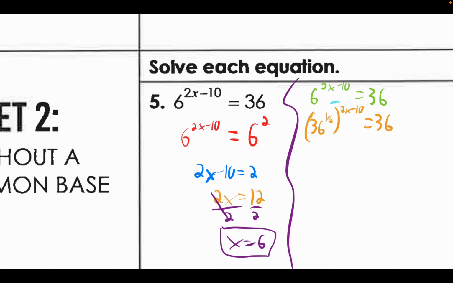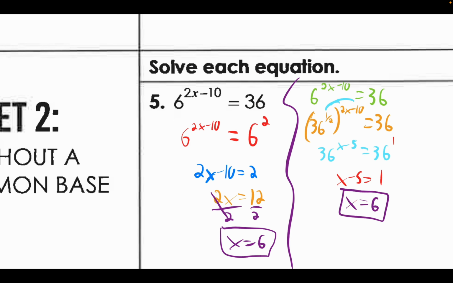Then you'd multiply this 1/2 times each of these, and you end up getting 36 to the power of x minus 5 equals 36. We set these exponents equal to each other, so it's x minus 5 equals the invisible 1 on 36. Then we add 6 to both sides, giving us x equals 6.